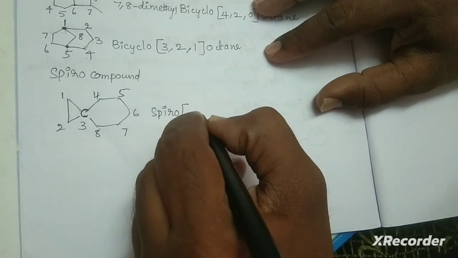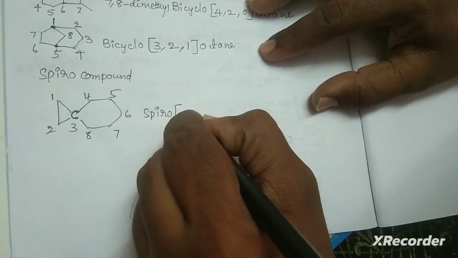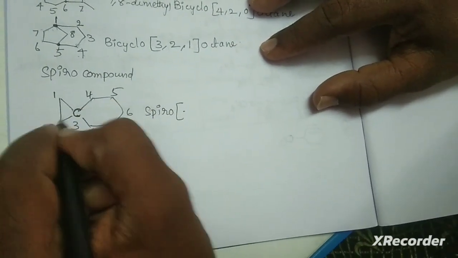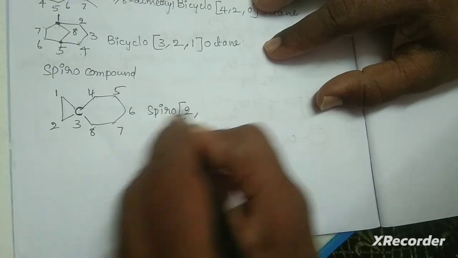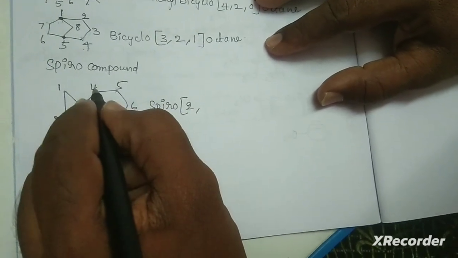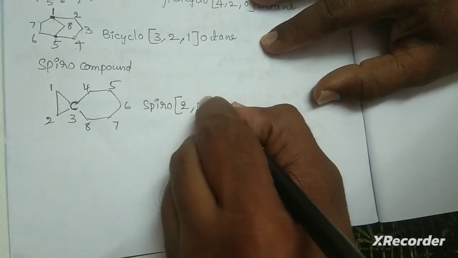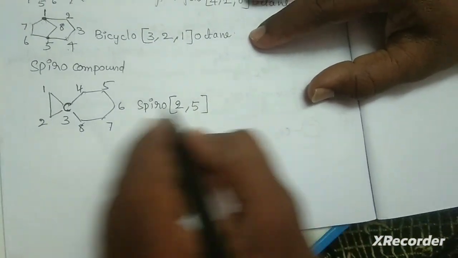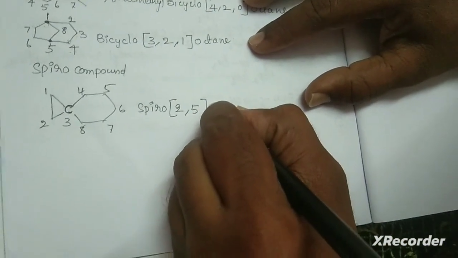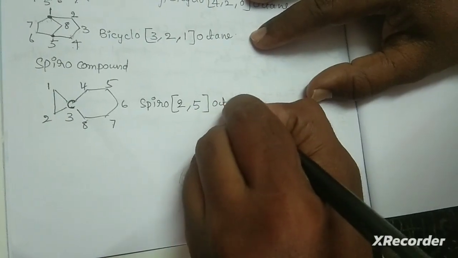While starting the numbering, you start with the smaller ring. The smaller ring has 2 carbon atoms, so 2 comma, and the bigger ring has 1 2 3 4 5 carbon atoms, so 2 comma 5. In total 8 carbon atoms are there. It is octane.